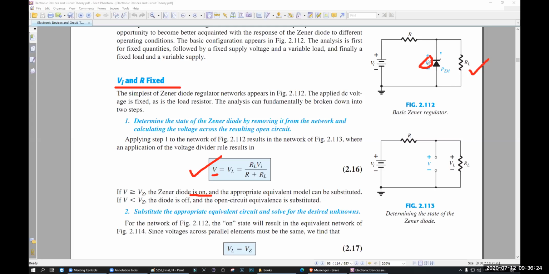If that is smaller than VZ, the Zener is off. So if V, the voltage you have got from here, is bigger than or equal to VZ, that means the Zener is on. If V is smaller than VZ, that means the Zener is off.